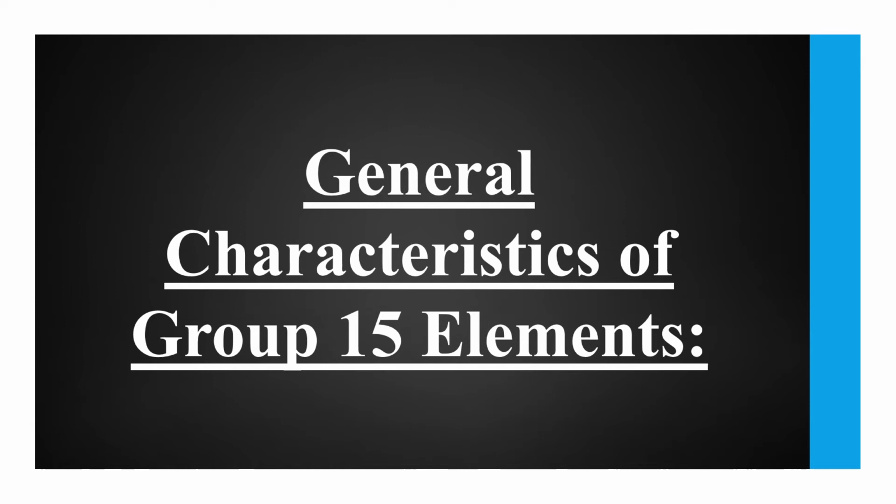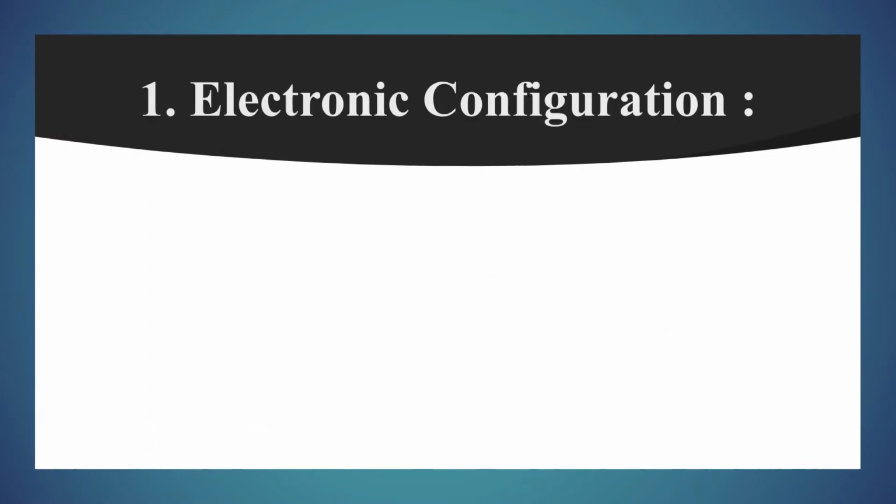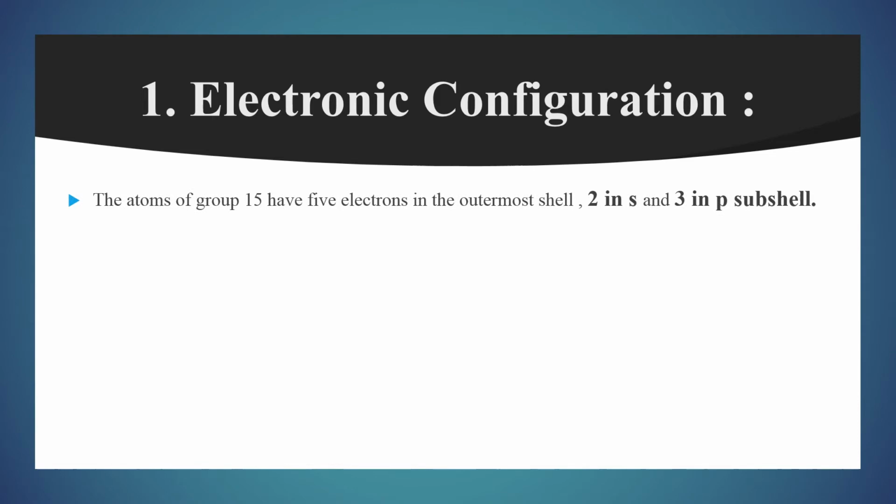Now come to the general characteristics of group 15 elements. Now come to the electronic configuration. The atoms of group 15 have 5 electrons in the outermost shell, 2 electrons in the s subshell and 3 electrons in the p subshell.